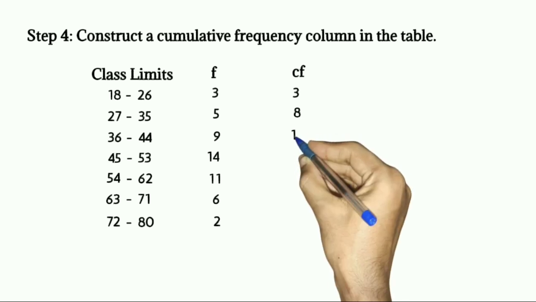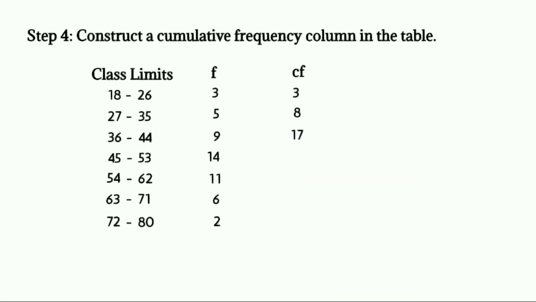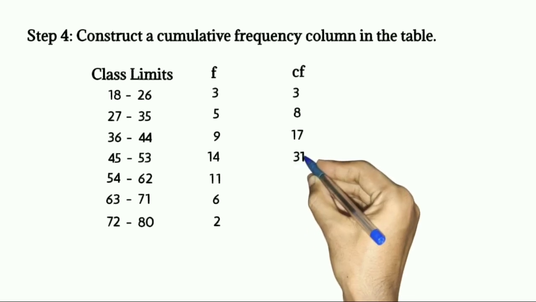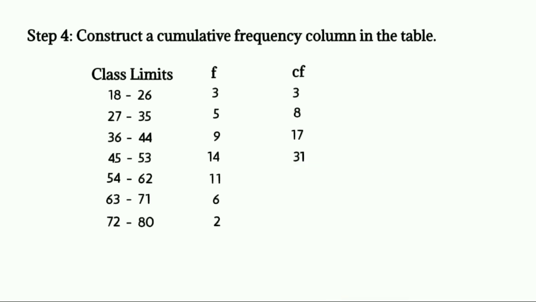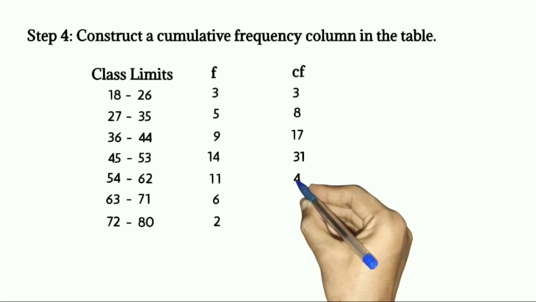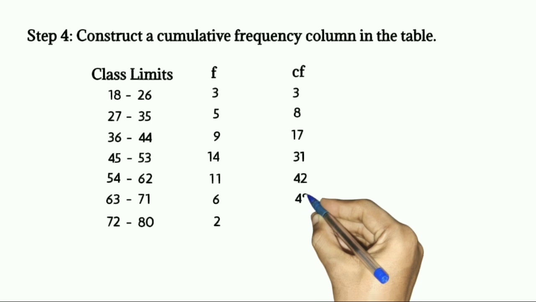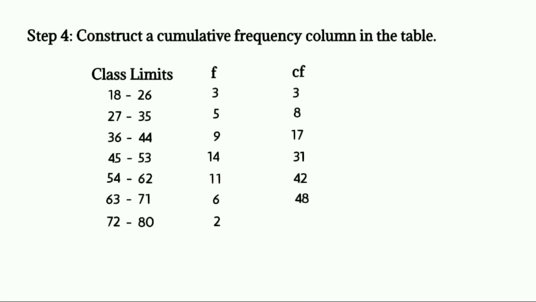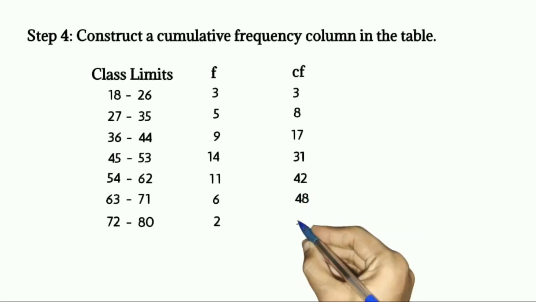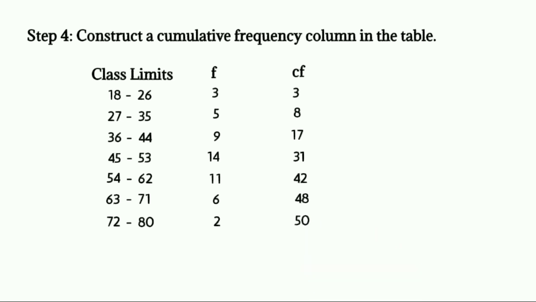Next, 8 plus 9 is equal to 17. 17 plus 14, that is equal to 31. Next, 31 plus 11, that is equal to 42. 42 plus 6, that is equal to 48. And 48 plus 2, that is equal to 50.